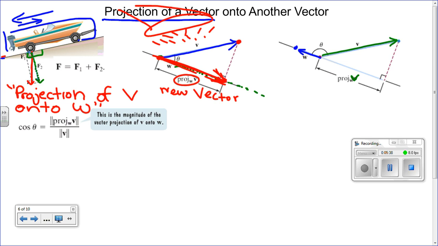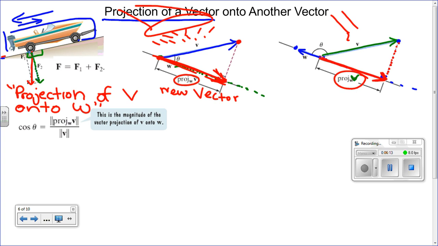So what do we do? Well, we still need to take the terminal point from there and trace a perpendicular line. But perpendicular to what? We don't know, right? So what we have to do is extend vector W, and then once you have that 90-degree angle right there, that one will be the projection. Okay? This one. So imagine the flashlight is here.